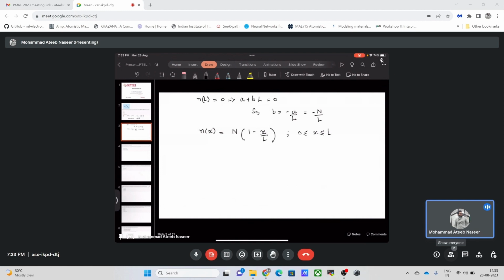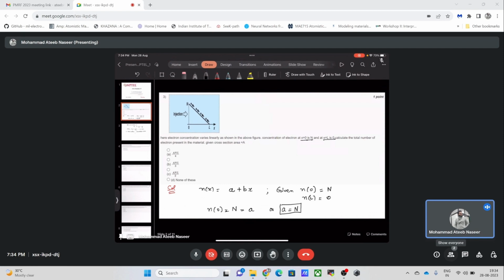Now the total number of electrons that we will be having, we just have to multiply this concentration with the volume. So the total electrons is simply the electron concentration into the volume. We know that A is the cross-sectional area.